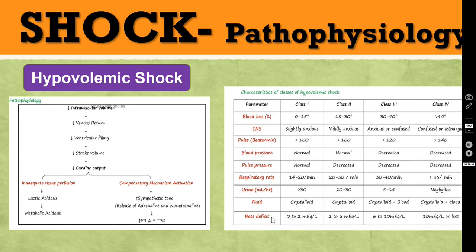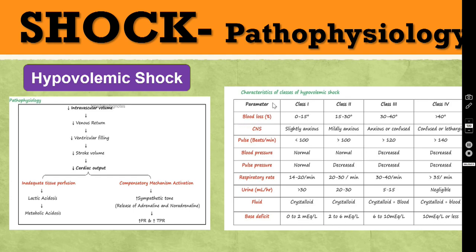Coming to the base deficit, in class 1, it is 0 to 2 milliequivalents per liter. In class 2, it is 2 to 6 milliequivalent per liter. In class 3, 6 to 10 milliequivalent, and in class 4, it is more than 10 milliequivalent. See, slowly it is getting increased.